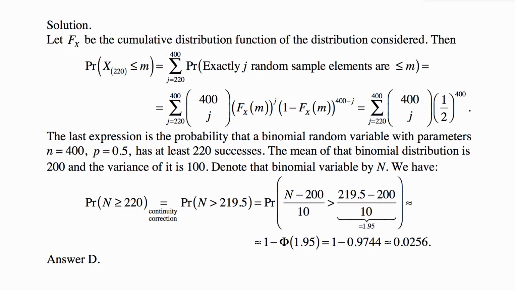That's the minimum requirement. But it could also be that X(221), X(222), and so on, up to X(400) are less than or equal to m. That's why we added up. But in terms of the binomial distribution, that's simply having 220, 221, and so on, up to 400 successes. That's why this is the same as the probability that N is greater than or equal to 220. That's important in setting this up. I hope this makes sense.